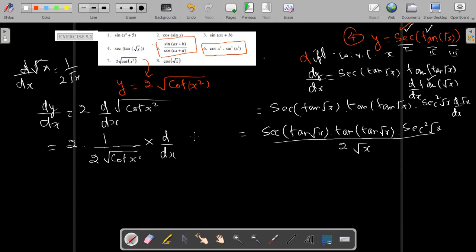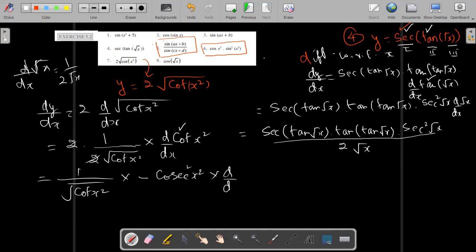Got it? So now cot x square. We have cot x as the outermost function. This 2 and 2 you can cancel. 1 by under root cot x square. Then what is the differential of cot x? It is minus cosec square x. So cosec square x square, then the differential of x square.